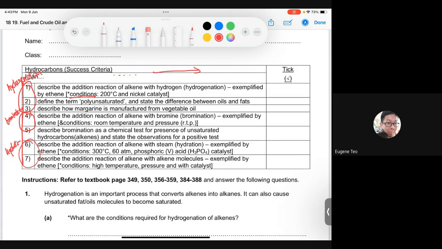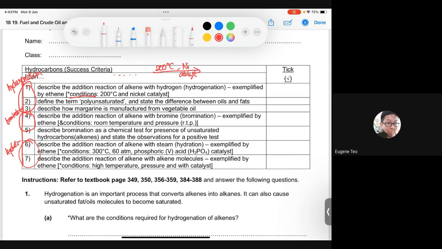Then I'll write, in this case here, something like 200 degrees Celsius and a nickel catalyst. It'll be written on the reaction arrow itself. So that's how you normally write the conditions down. Why is it a star? Because in general now, we don't expect you all to memorize the conditions in the new syllabus. I say again, you're not expected to memorize the conditions in the new syllabus.